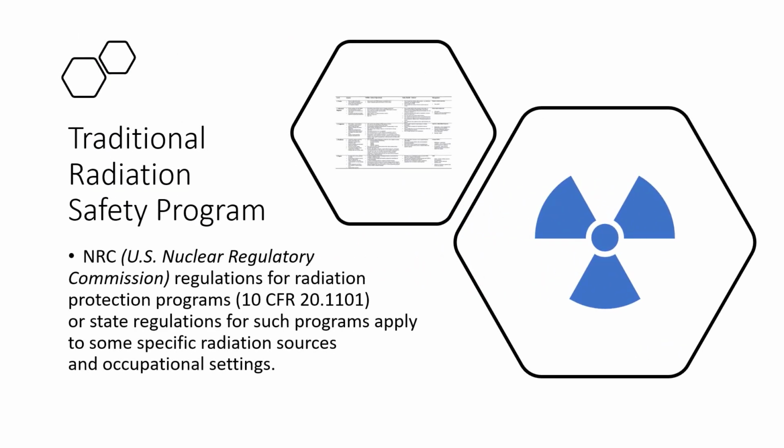Parameters for a radiation safety program can be found from publications from the Nuclear Regulatory Commission, which regulates radiation protection programs, and also from your state regulations that apply to such programs.